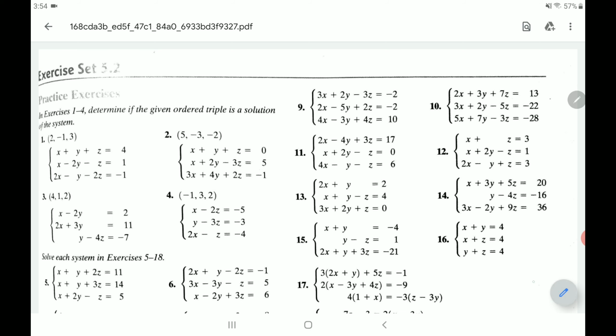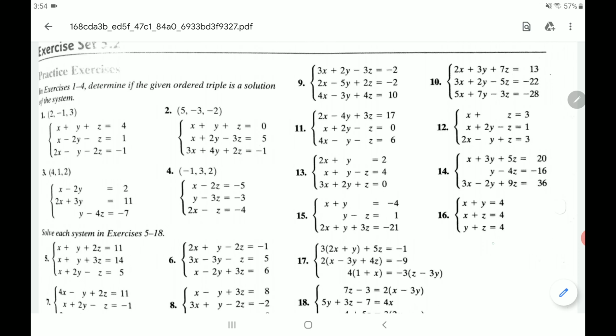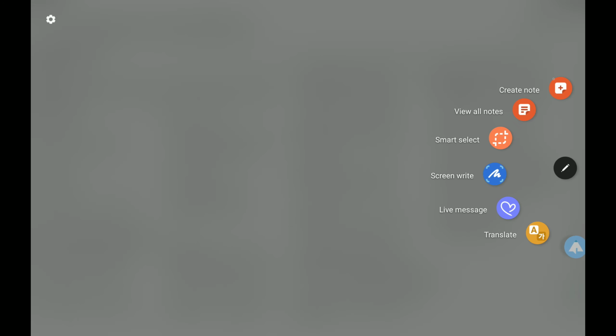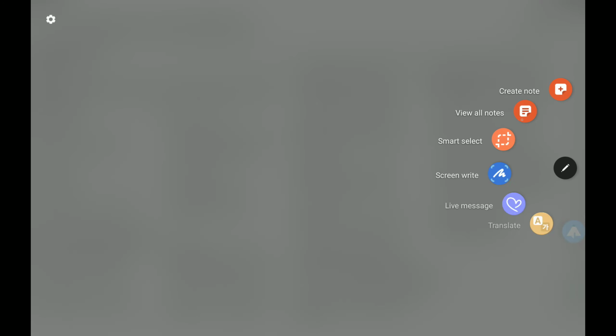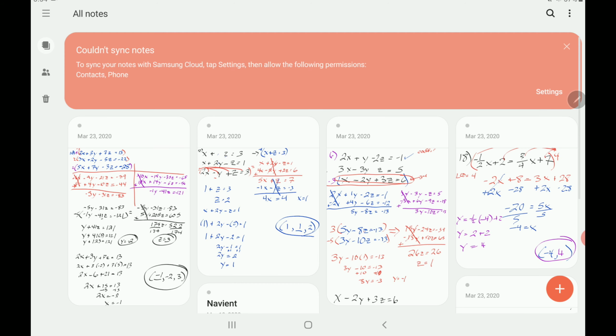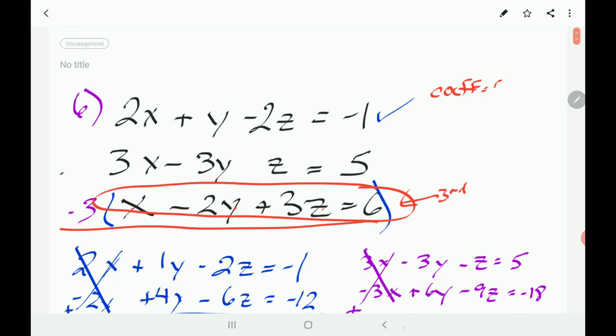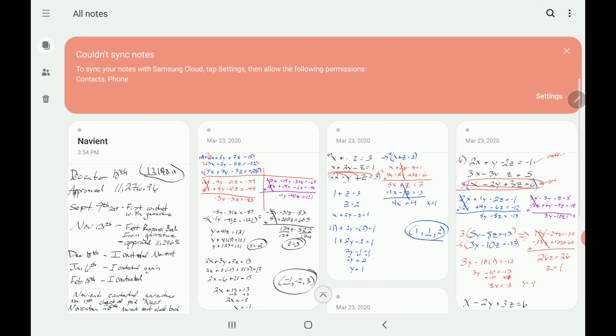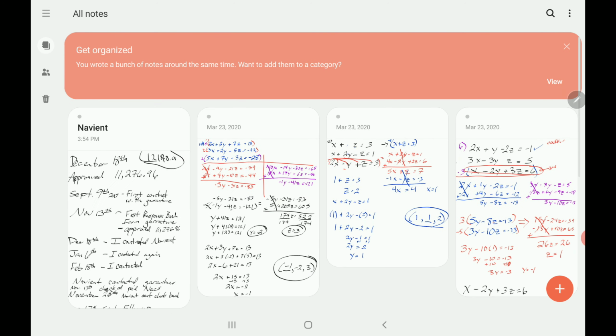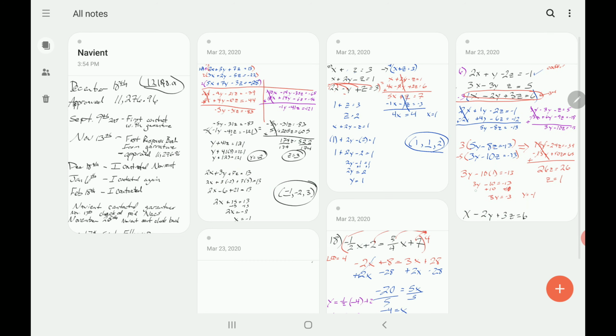Review notes. There we go. Clear all this garbage. I don't know why it was working yesterday just fine. Some notes.